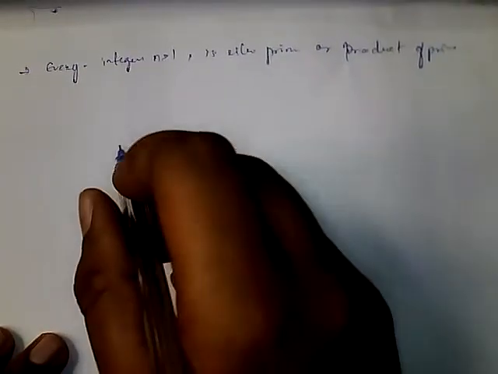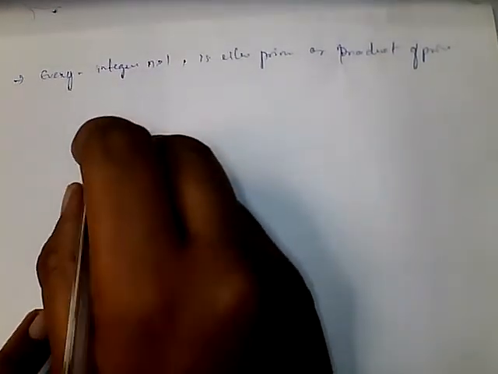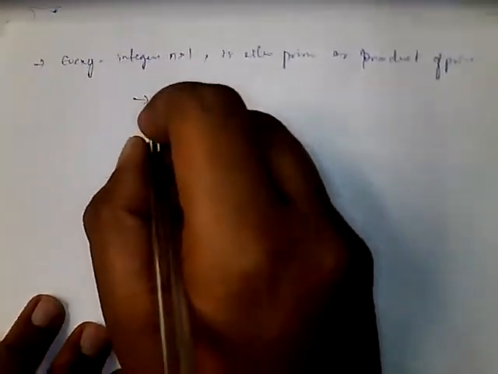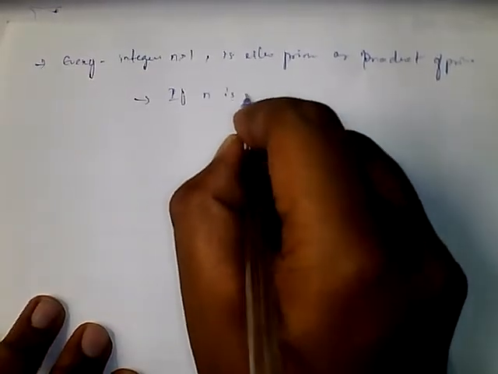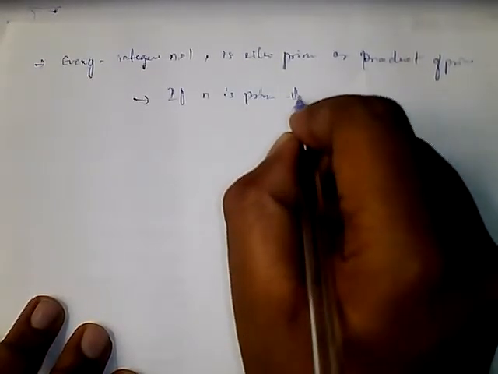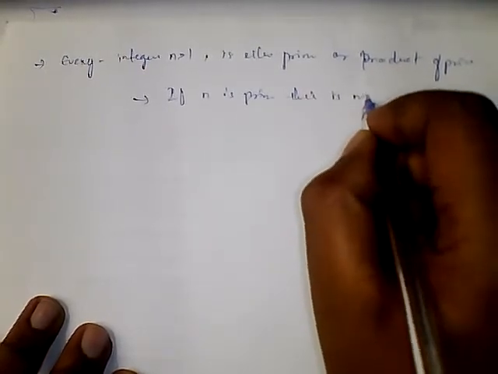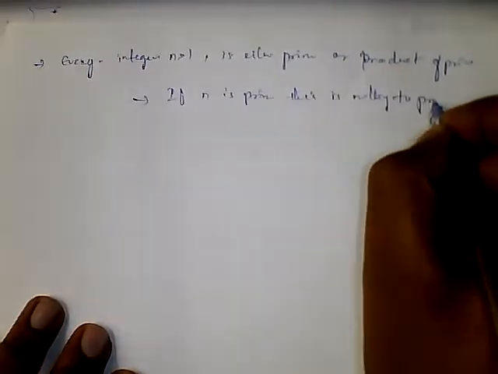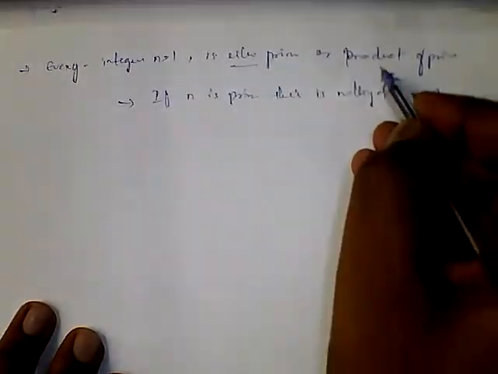Alright, so this is pretty much easy. Now I'm just giving the analogy behind it. If n is prime, there is nothing to prove, right? Because this is what we got: n is either prime or n is a product of primes.